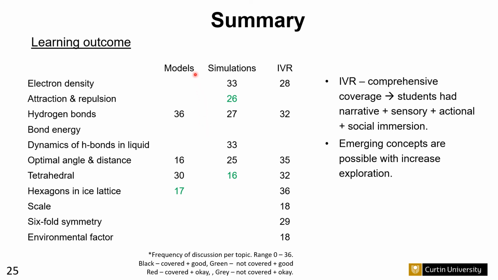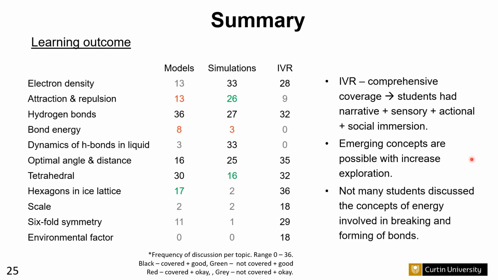So in magnetic models, for example, because they collaborate and create more complex structures, they were able to discover hexagons in the ice lattice. However, not many students discuss the concept of energy involved in breaking and forming the bonds here. Even though we cover it in the media, we don't know why yet. We need to investigate more on this aspect.